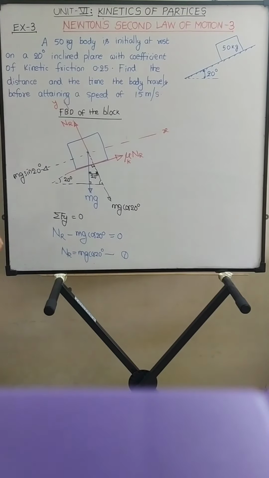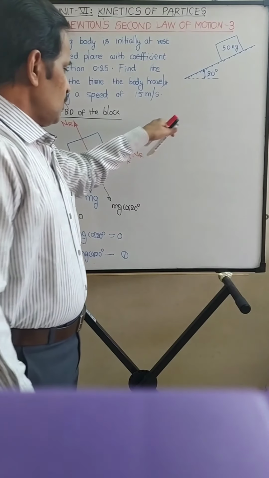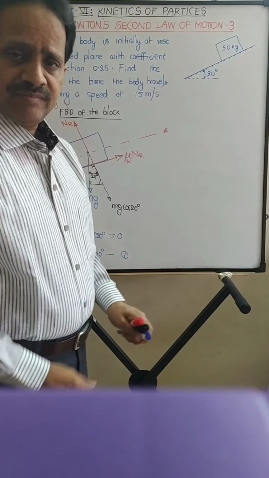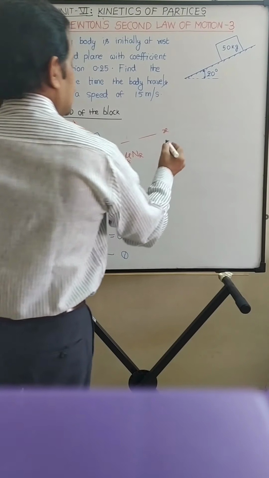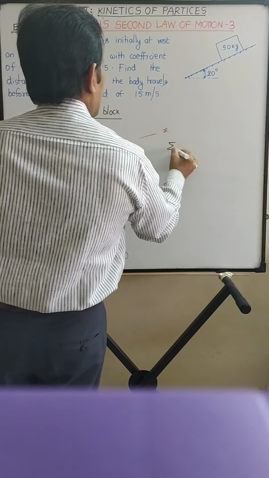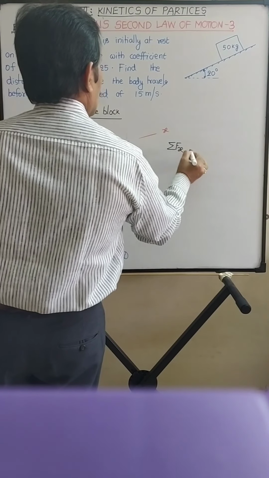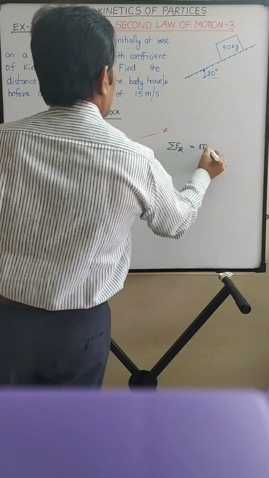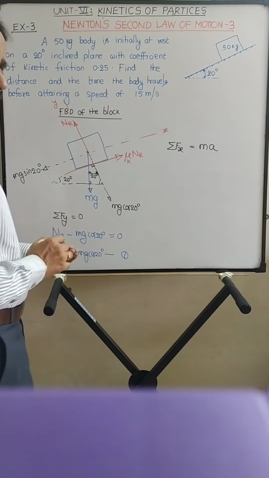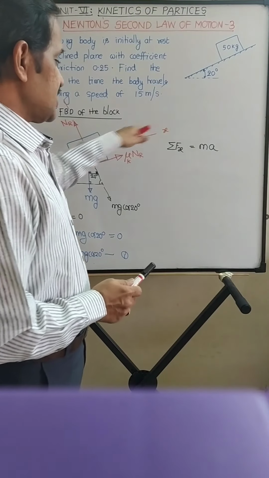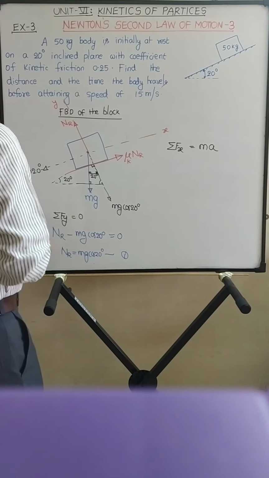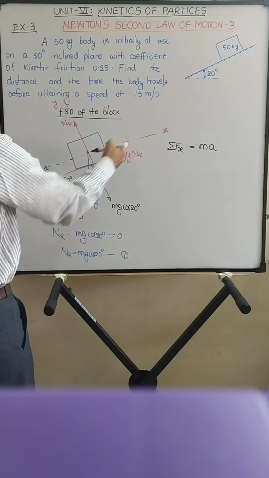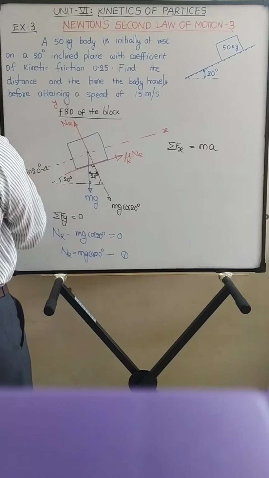So equation 1. And the block is in motion along the plane, that is along the x-axis. So as per Newton's second law of motion, the unbalanced or the resultant force is equal to mass into acceleration. The resultant force in x direction is equal to mass into acceleration. So here mg sin 20 is moving towards left.